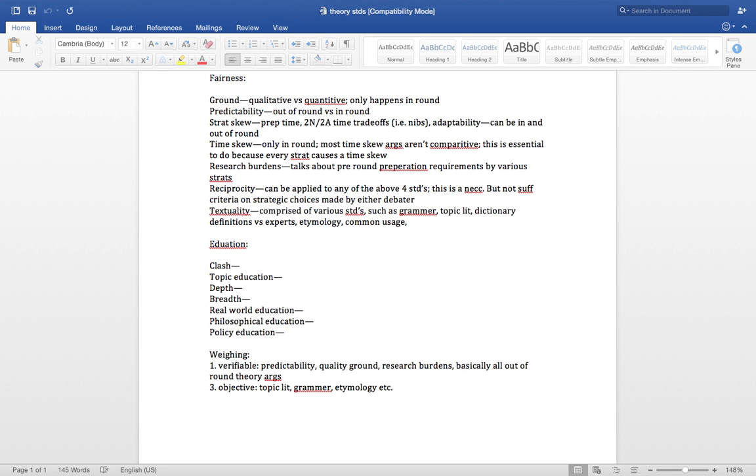Would the debater with the best definition not win? Remember when we were talking about topic literature? Maybe the definition's not the best, but it has a lot of literature on it. So maybe even though the debater has the worser definition, I don't think worser is a word, the debater with the definition that is not as good as the other can still win that theory debate.